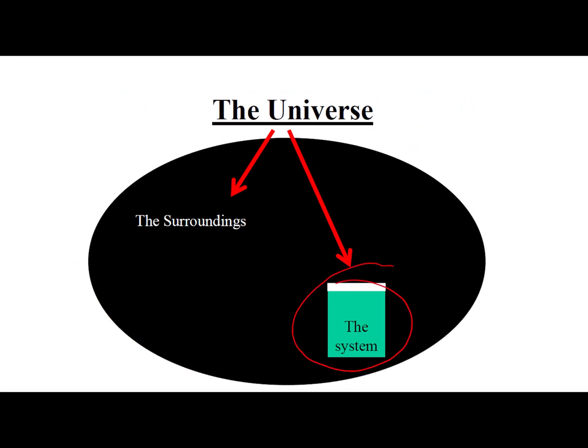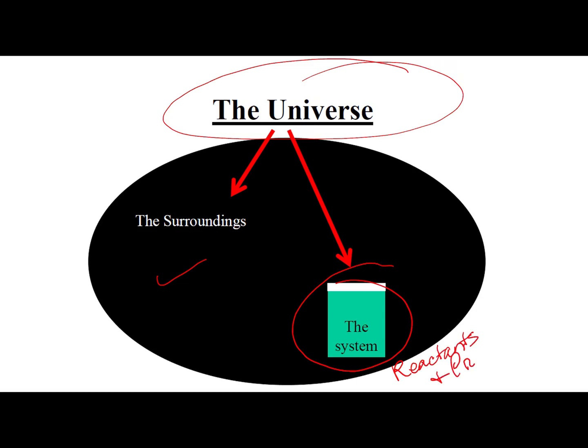So just as a review, we have our system here, we have our surroundings, and then we have the universe. So the system is going to be the chemical reaction itself. It's the reactants and the products.